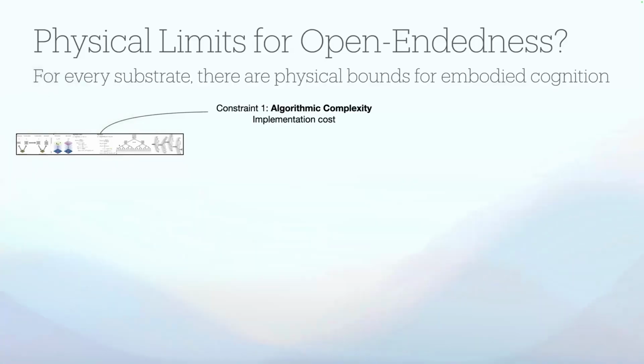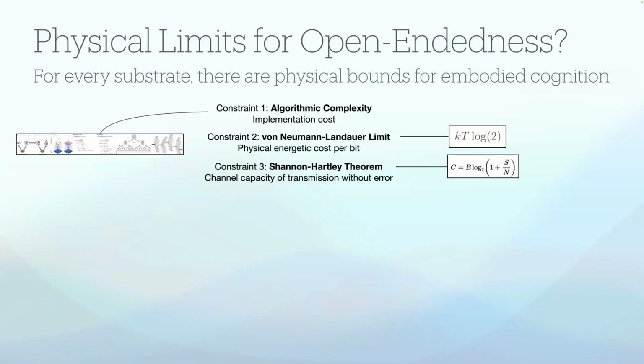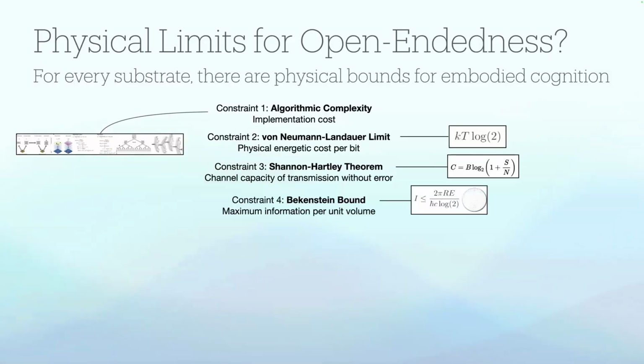Even if we have the intuition that simulations, different substrates, or reservoir computing allow us to escape the no free lunch or the limitations of certain types of computation, those other materials will always have physical bounds because they're embedded in physics. So unless we escape physics, we're going to be constrained by algorithmic complexity, Landauer's physical energetic cost per bit, the Shannon-Hartley theorem, the bound on how much information you can store per unit volume, and the speed of light, obviously.